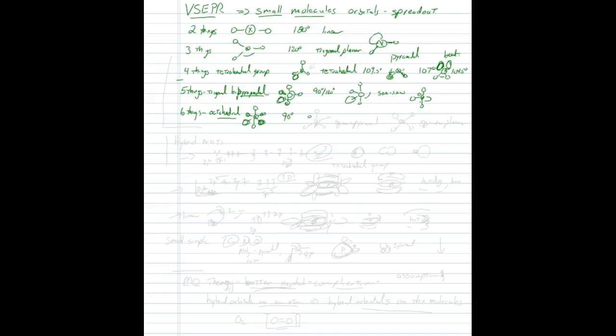You can have a square pyramidal shape, where the lone pair is down below.